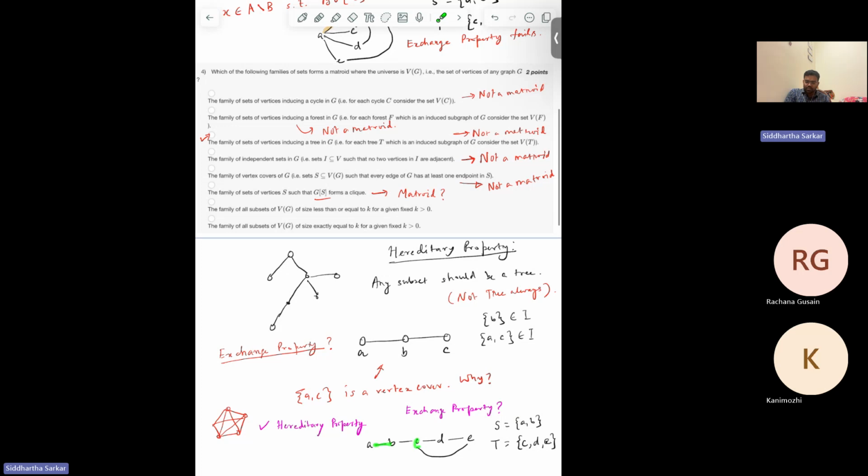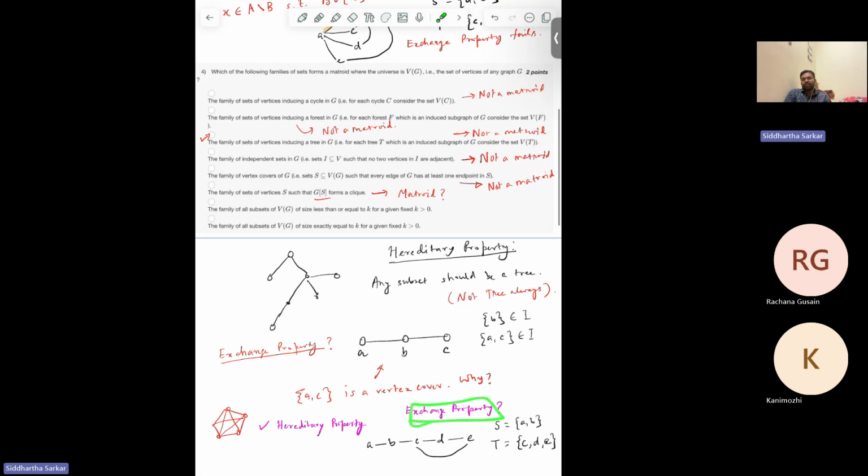So this is A, B, C, a path only. What if I take D? So A, B and D is isolated in the induced subgraph, doesn't work. If I take E, then A, B and E is isolated in the induced graph. Again, that is not a clique. So in no way can we ensure that A comma B is augmented.